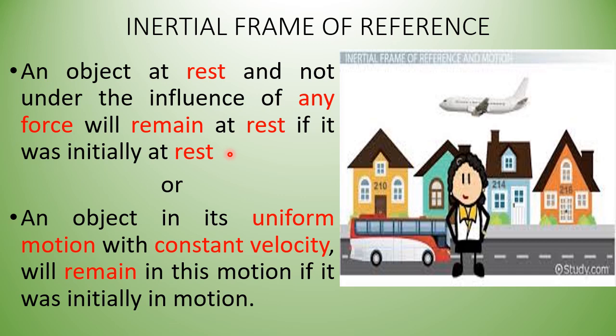For instance, the aeroplane that is flying will continue to fly until a force applies to it, because it is already in uniform motion. And because it's already in uniform motion, it remains in that uniform motion until a brake is applied to it, and that is when it will slow down, or change direction.